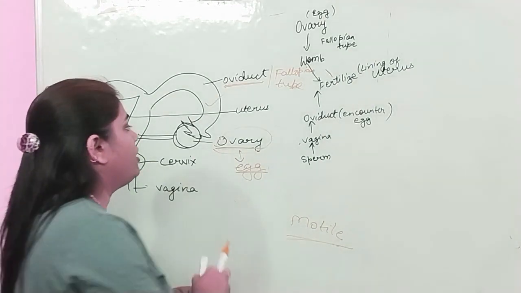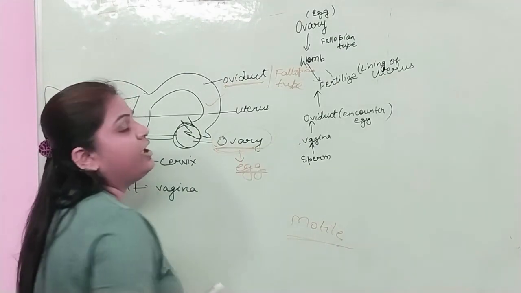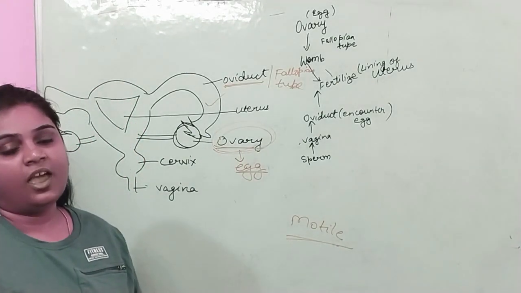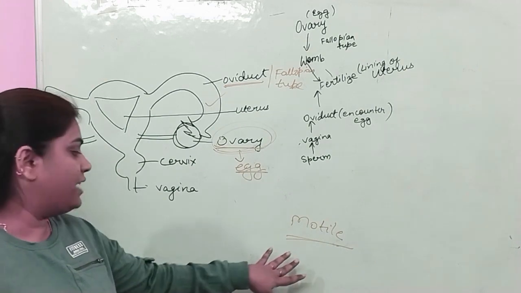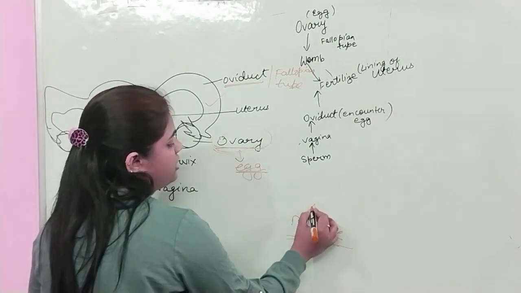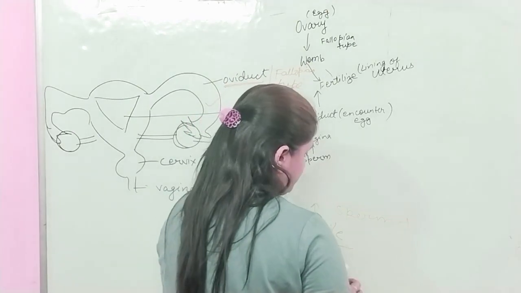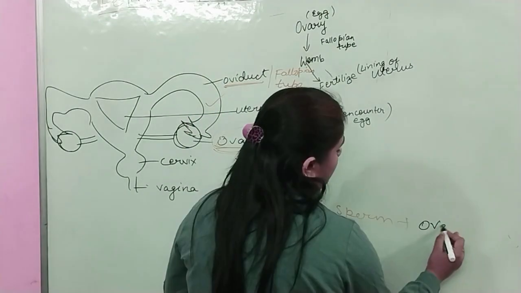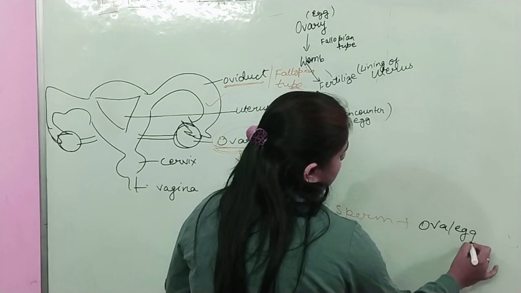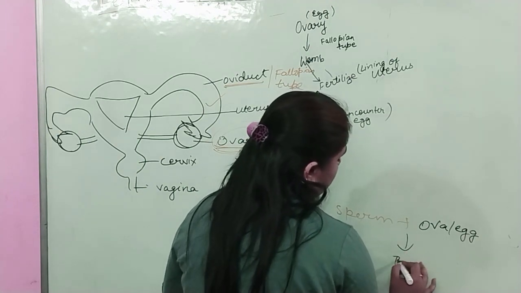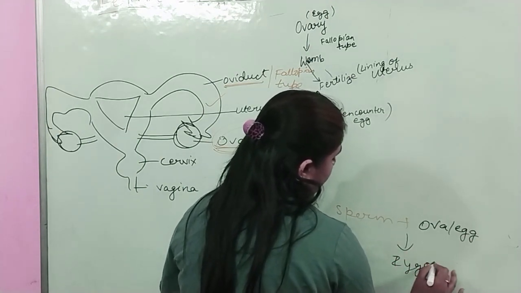Every 1 month, one of the ovaries produces an egg. And that egg fertilizes with one of the sperm, meaning one of the sperm fertilizes the ovum or egg to give rise to a zygote.